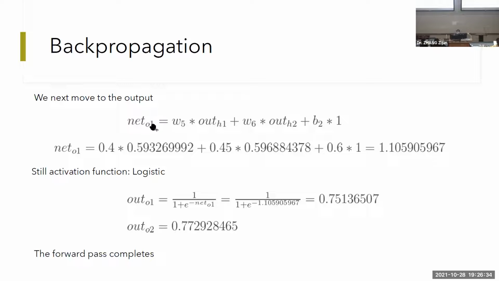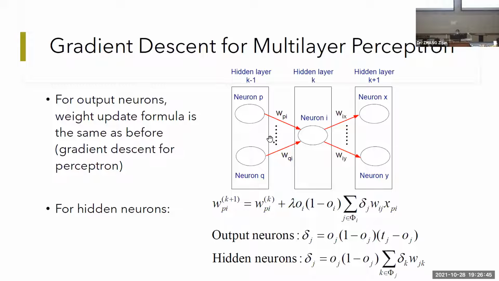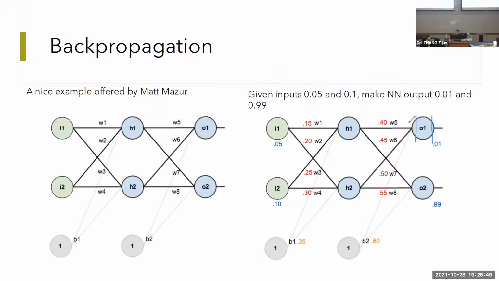So we use net O1 to describe the information to be fed into the output node 1, which is here.